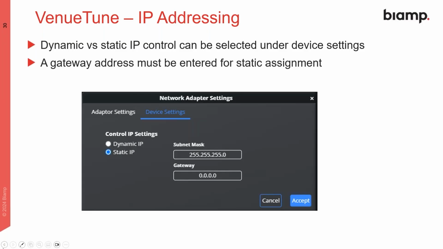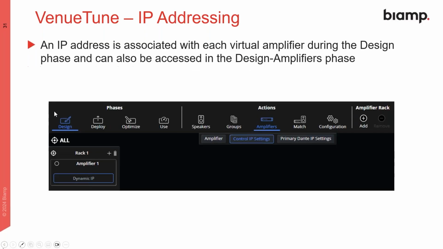If we do want to enter a static IP address, we can do that in the device settings to meet the needs of your particular installation. An IP address is always associated with each virtual amplifier during the design phase.